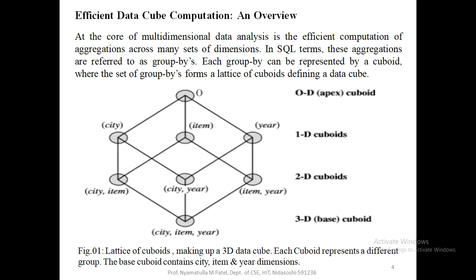The apex cuboid is the most generalized or least specific of the cuboids and is often denoted as all. So the apex cuboid, 0D, can be represented as all, because it gives you the sum of all the sales with respect to city, item and year.